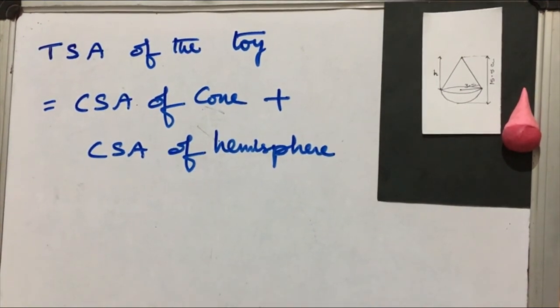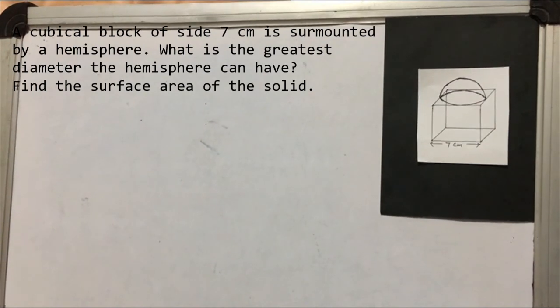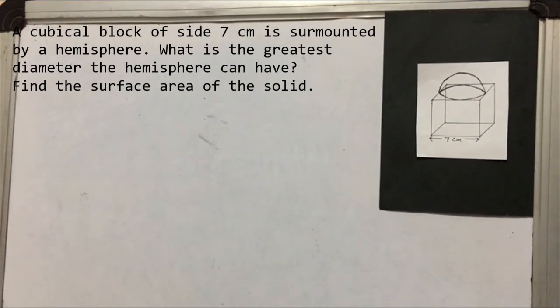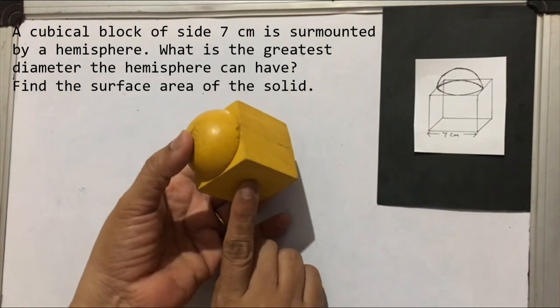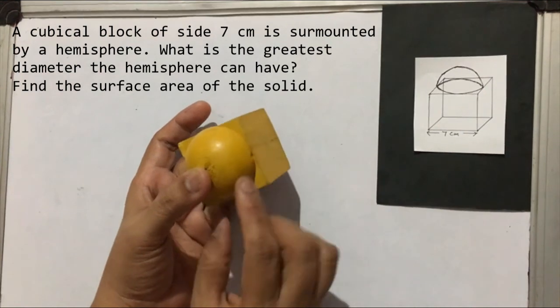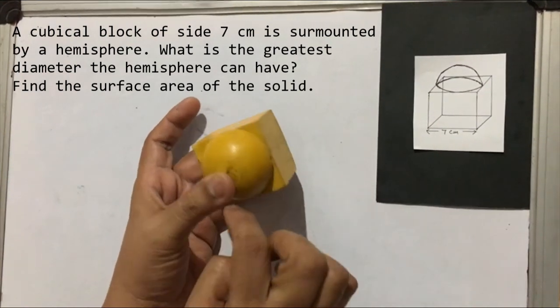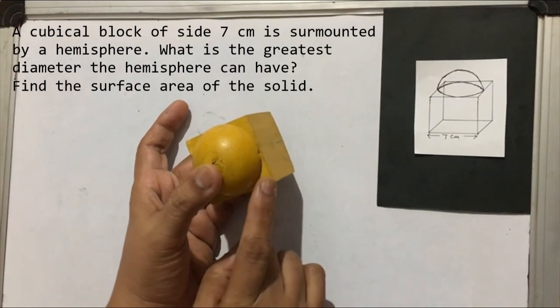Given that a cubical block of side 7 centimeters is surmounted by a hemisphere. In this manner it is going to come. A cube is surmounted by a hemisphere. Surmounted means touching all the edges of the face of the cube.